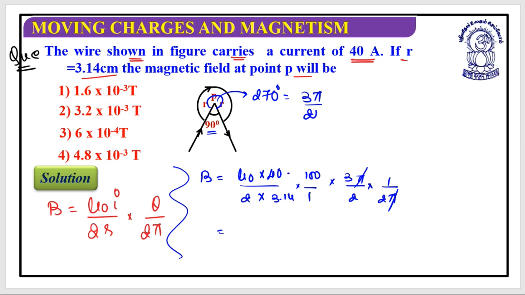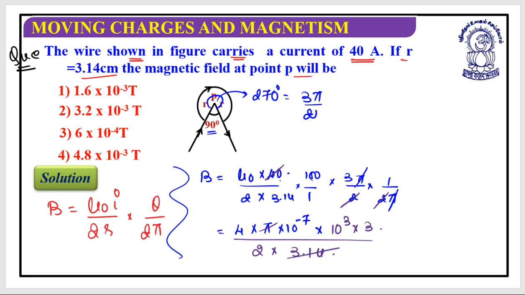The remaining term mu naught is 4 multiplied by pi into 10 to the power minus 7. This 2 2s are 4, this has gone, and this is 100 into 10, which is 1000, so it's 10 to the power 3 multiplied by 3 divided by 2 into 3.14.